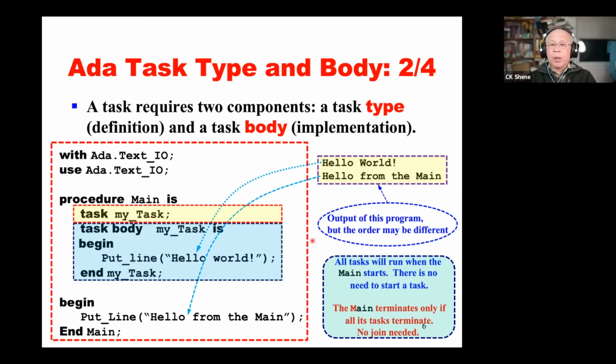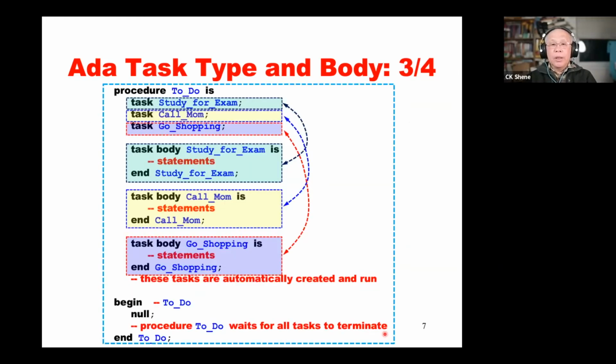So here's a reminder. All tasks will run when the main starts. There's no need to start a task. The main terminates only if all of its tasks terminate. Therefore, no join needed.